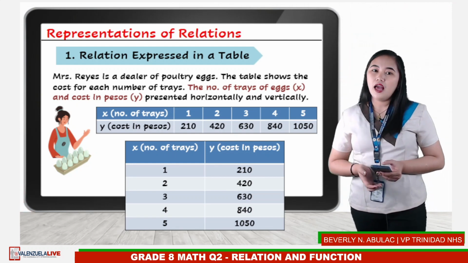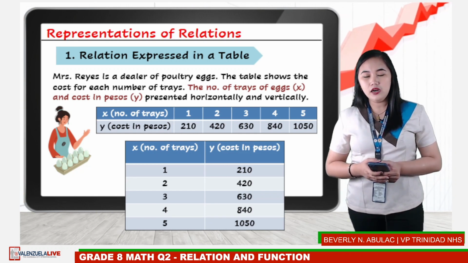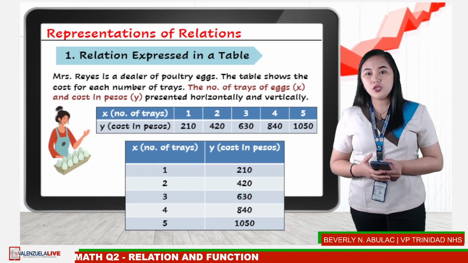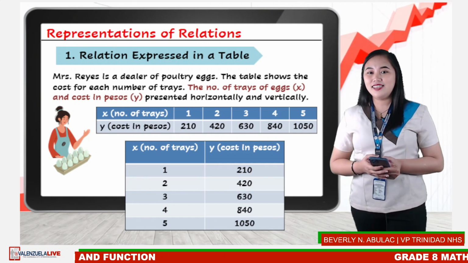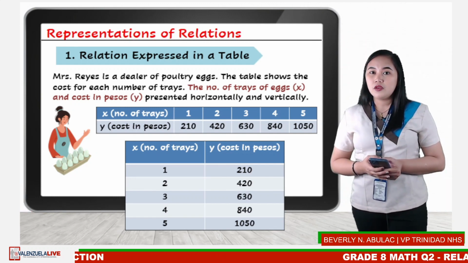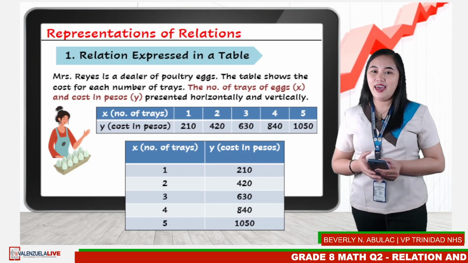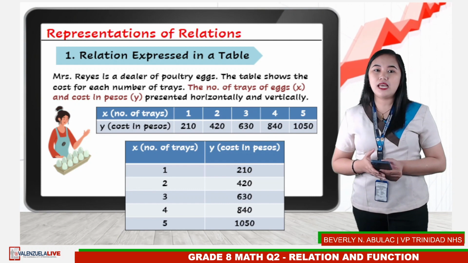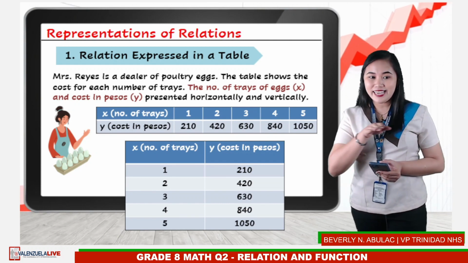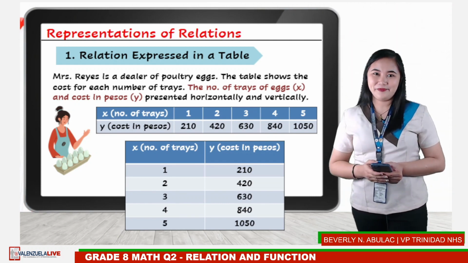As you can see, Mrs. Reyes is a dealer of poultry eggs. The table shows the costs for each number of trays. The number of trays of eggs, represented by X, and the costs in pesos, represented by Y, are presented horizontally and vertically.